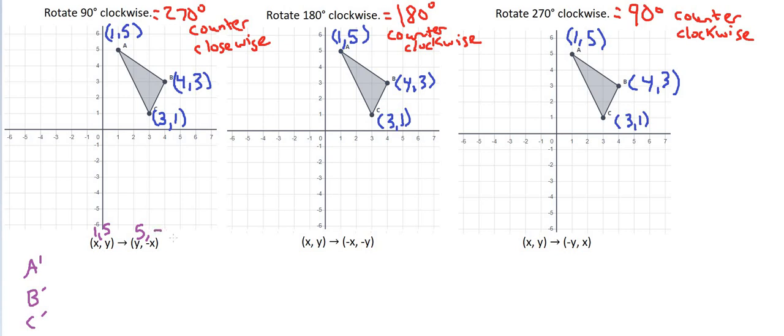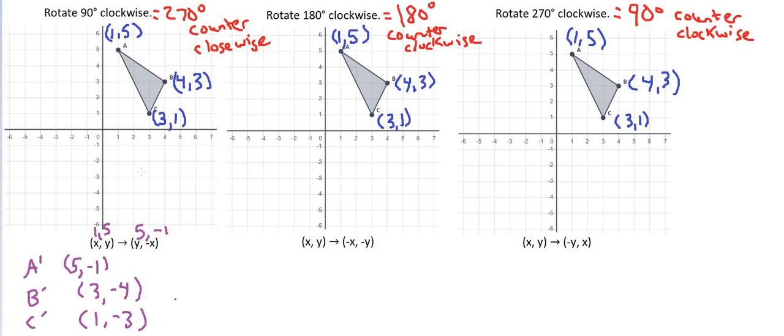So (5, -1). My B is (4, 3), so I switch it. So it's (3, -4) because I have to switch the sign of the x point. And my C was (3, 1), so I flip the x and y around, so it becomes (1, -3) because I have to switch the x value.